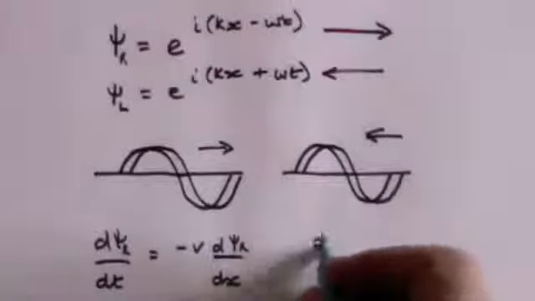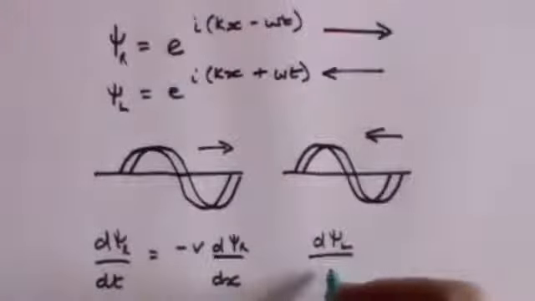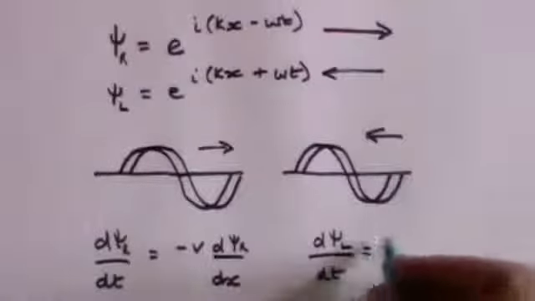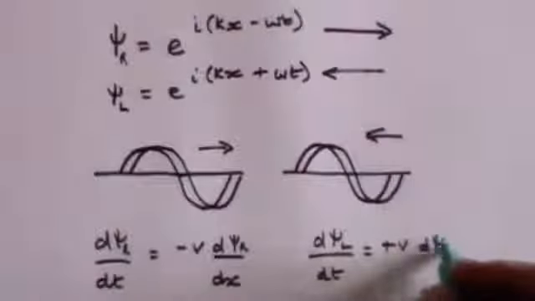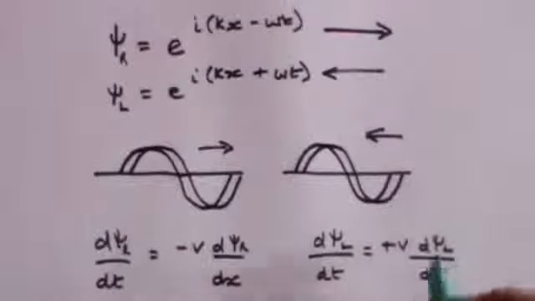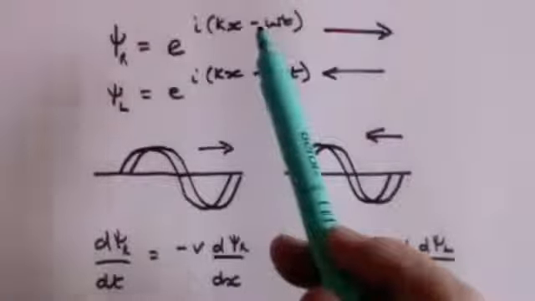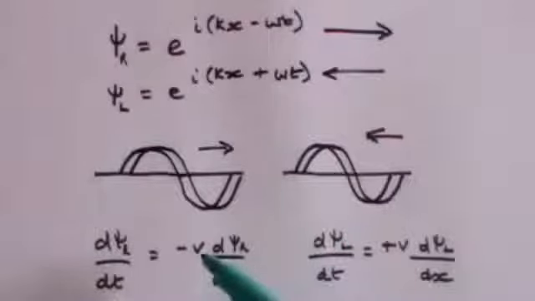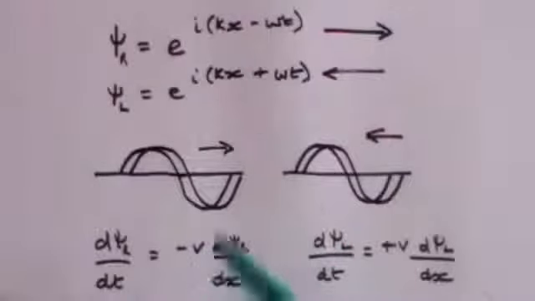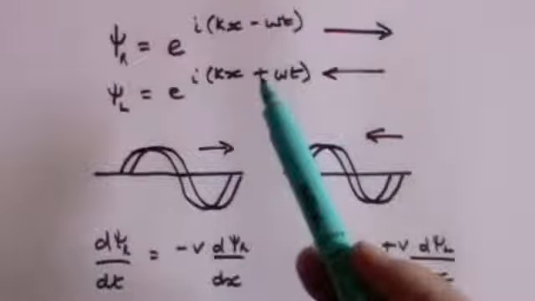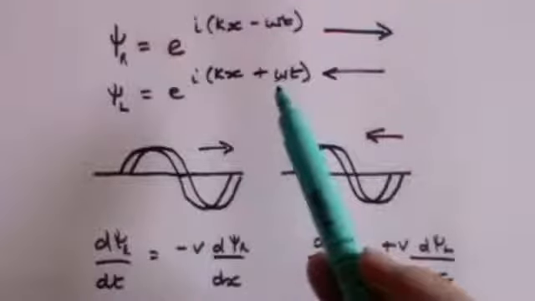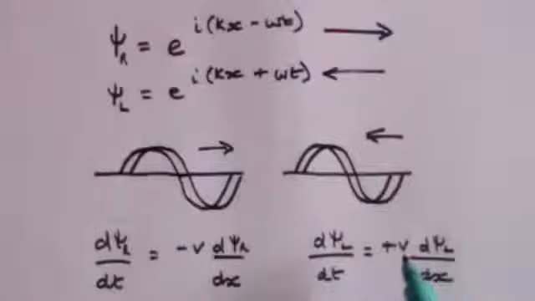You should be able to see that if we had done the same for psi left, we would have got plus v dψ_left/dx. Because here we had a minus term, that's what brought down the minus omega, and that's why we ended up with the minus v. Here we've got a plus term, that would bring down a plus iω, and consequently you get a plus v.